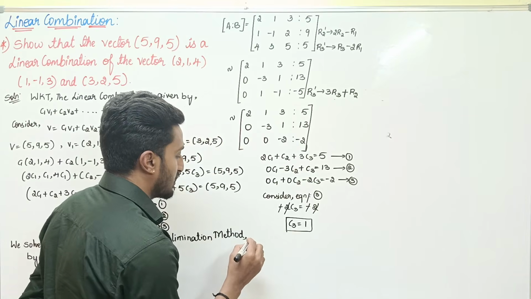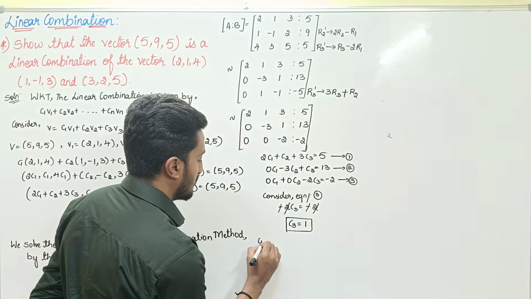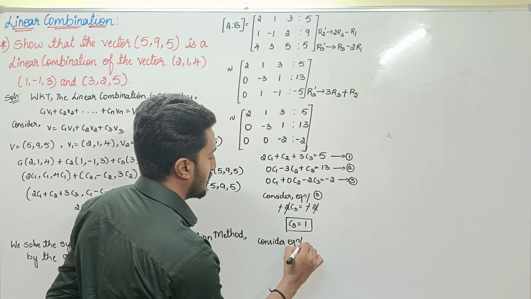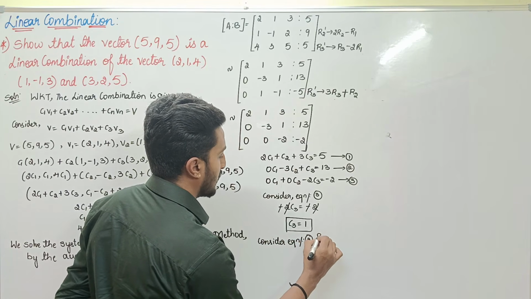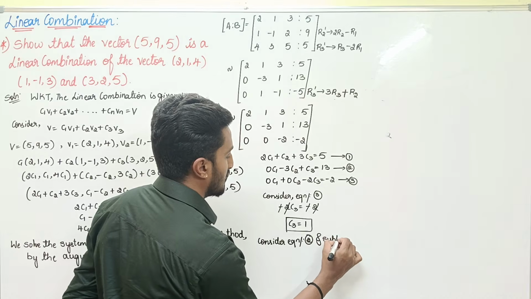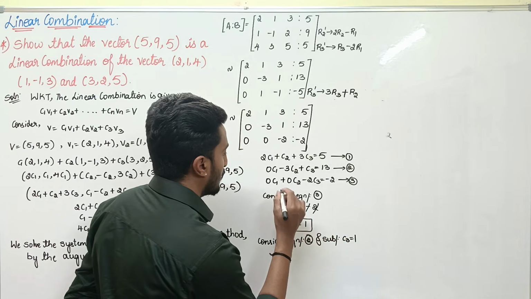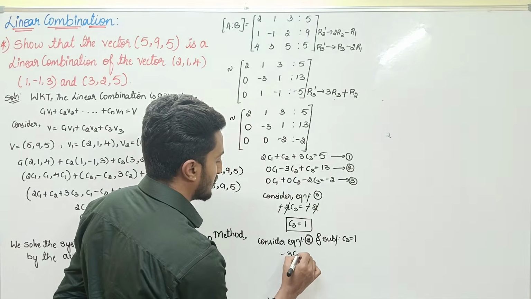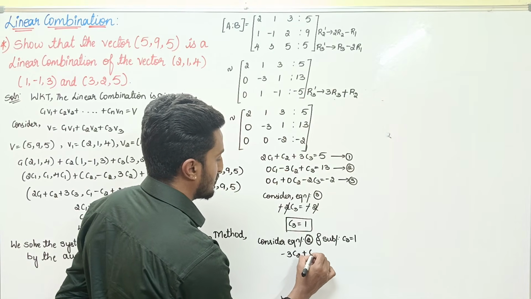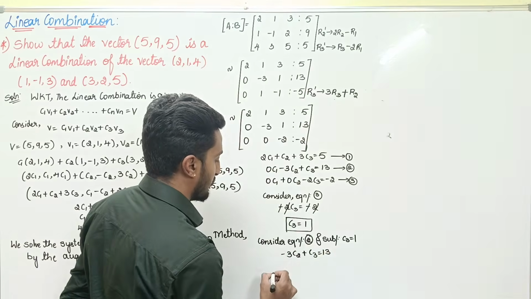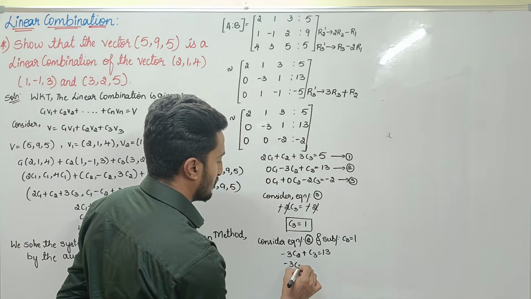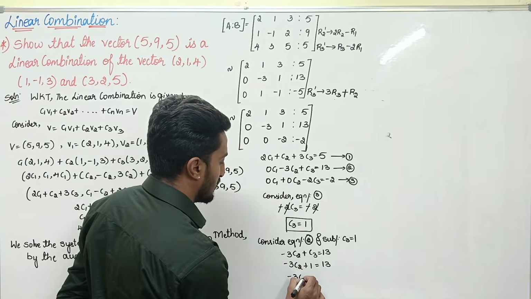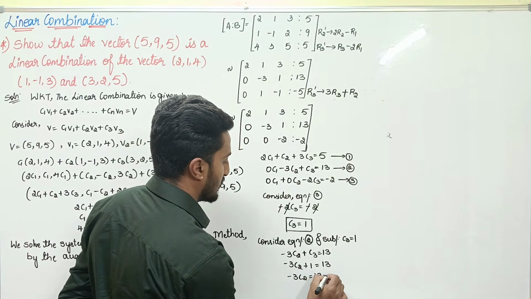Similarly, consider equation number 2 and substitute C3 equal to 1. What is our equation number 2? Neglecting 0C1, we have minus 3C2 plus C3 equal to 13. Minus 3C2 plus 1 equal to 13. Minus 3C2 equal to 13 minus 1.